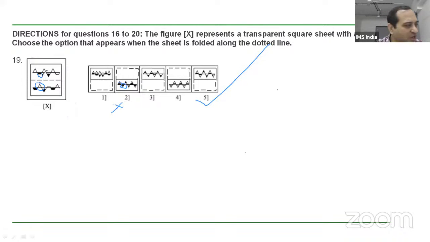So in the same way, if you keep tracing, you will get top right, top right, top right, because of which 5 is the answer and not 2 or 3. I think the majority got it. Vidya, did you get it? Come on, let's move on to the next one.